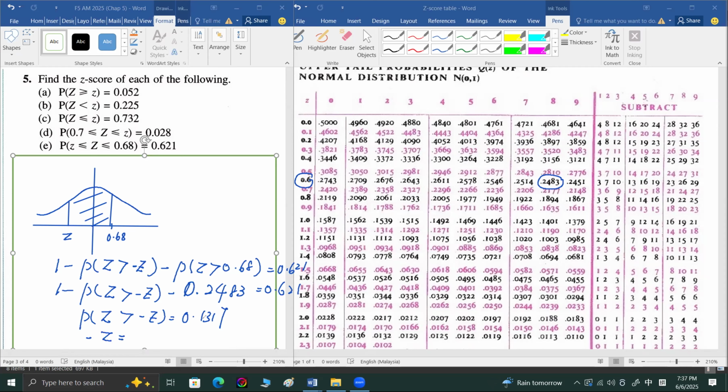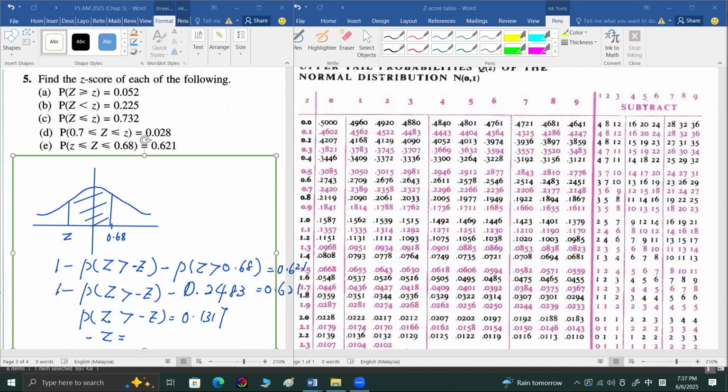Negative Z, okay, 0.13. Wait, now let me see. 0.13 here, this row, 17.